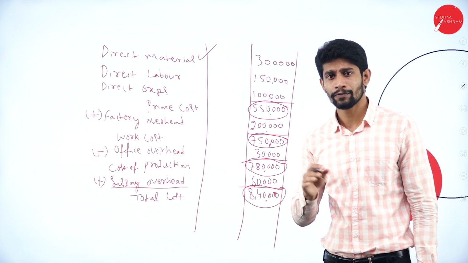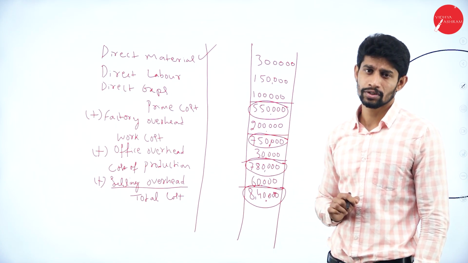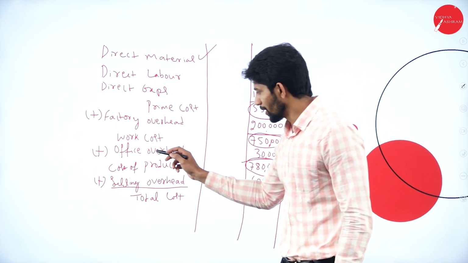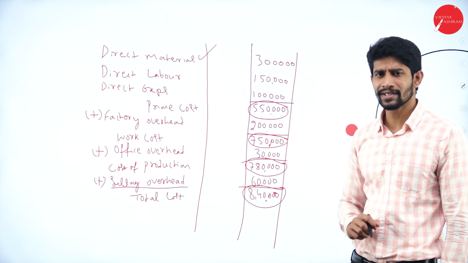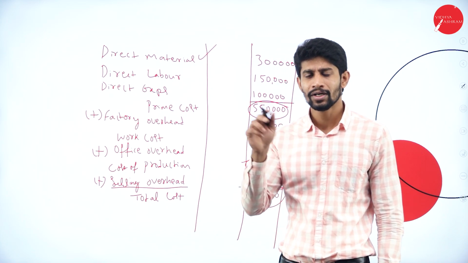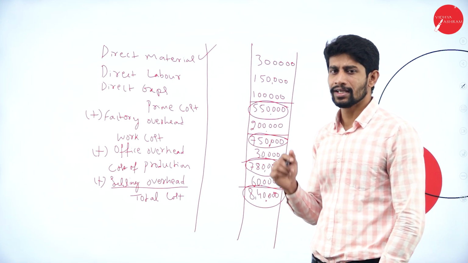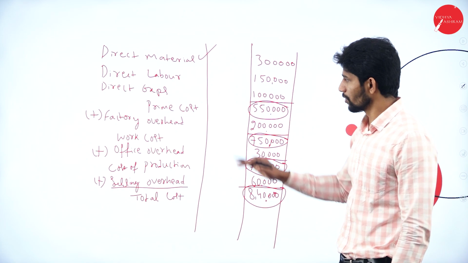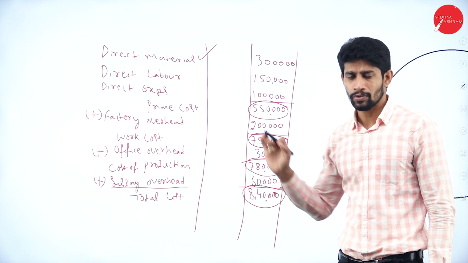If opening and closing stock of finished goods are given, we take them after office and administration overhead: add opening stock of finished goods and less closing stock of finished goods. So this is the basic problem we solved now.